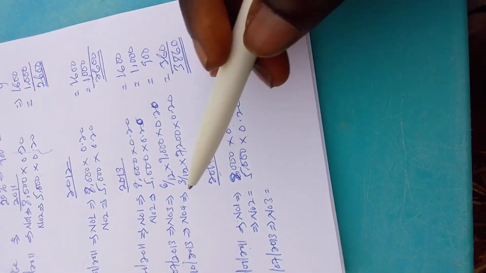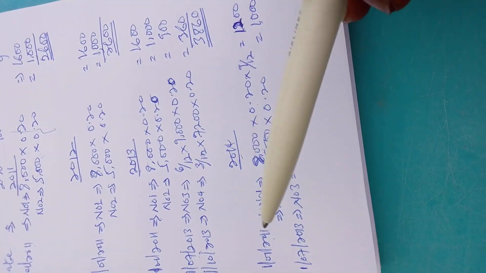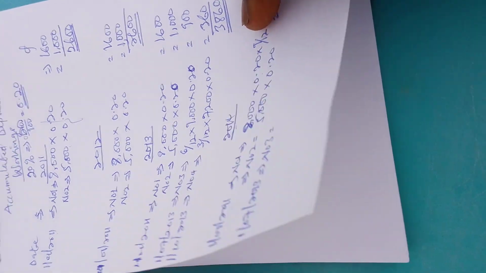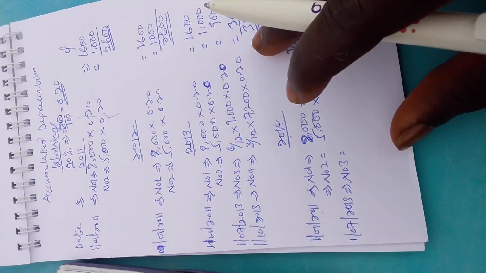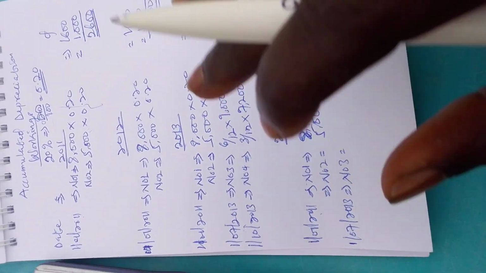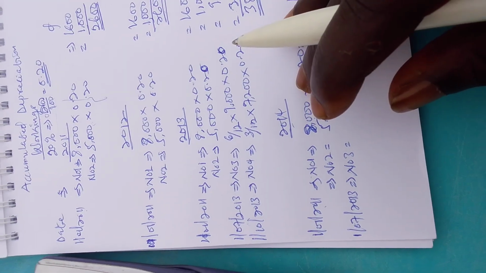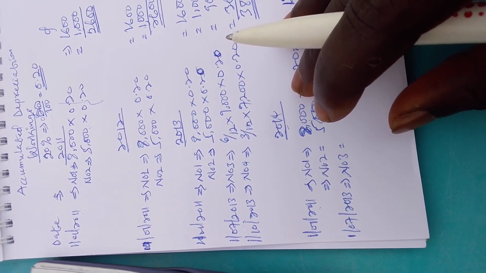On the first one that we did, July was the time that the asset was bought. But since we are entering into another year, which is 2014, the asset is going to be used fully because it ended on 31st December 2013.